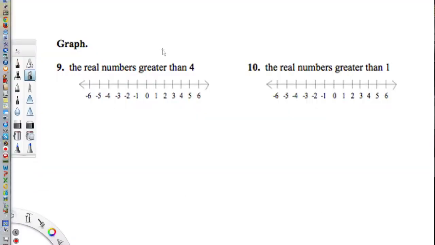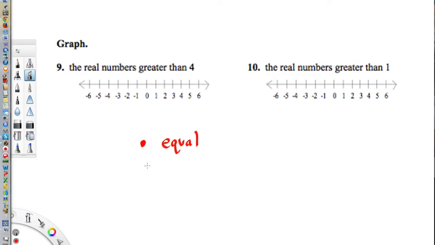Now numbers 9 and 10, this is really simple too, but you may have forgotten some of the way we label or graph a number line. For example, if our number is equal, we just would put a dot right on the number line where it belongs.